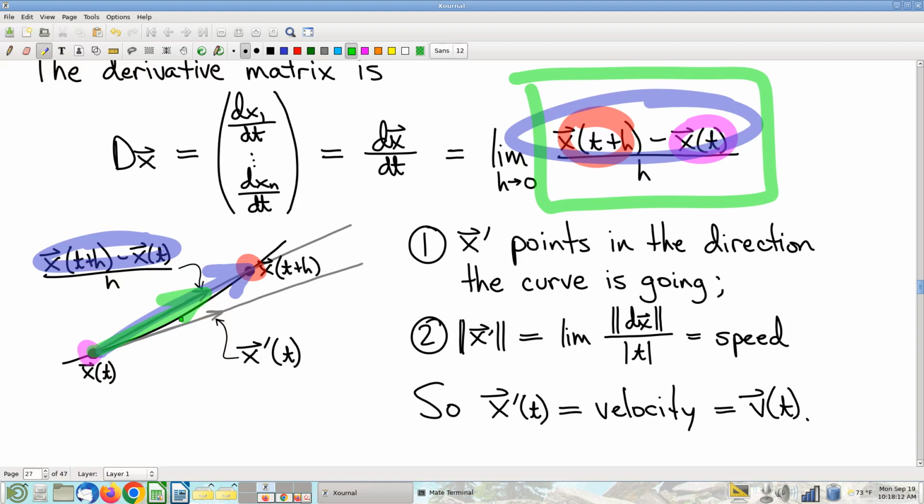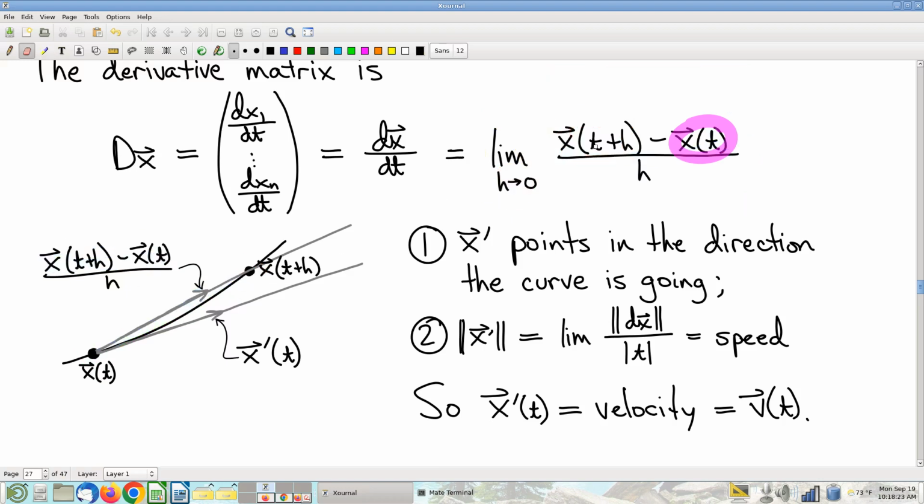So if you think about it, what happens as h approaches 0, and keep in mind that's what we're doing, we're taking the limit as h approaches 0. Well, as h approaches 0, there are several things that happen. On the one hand, this point here is going to move down the curve and get closer and closer to that starting point.